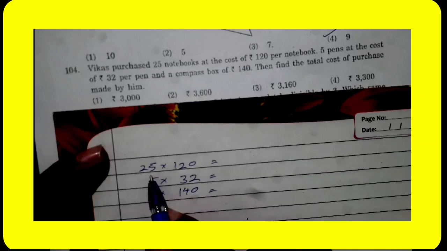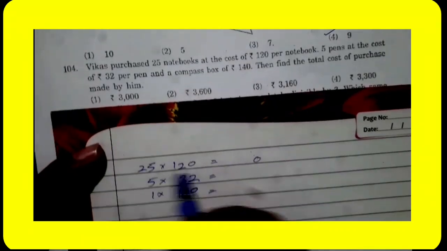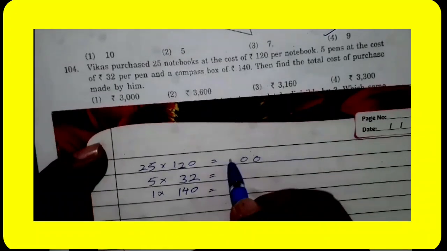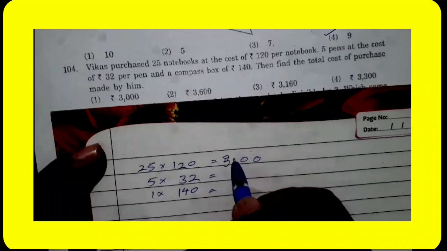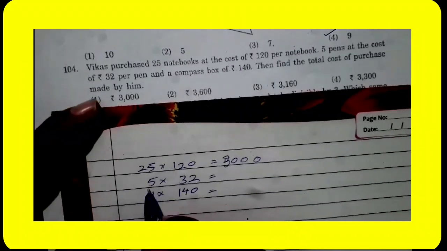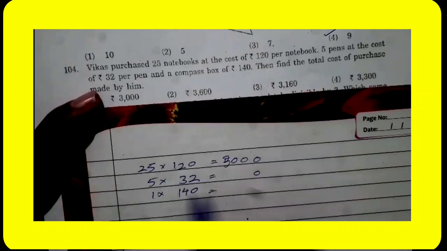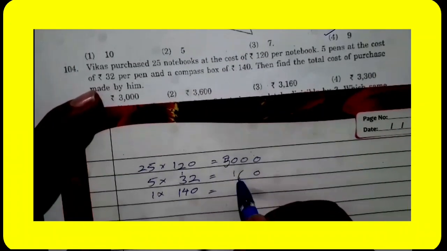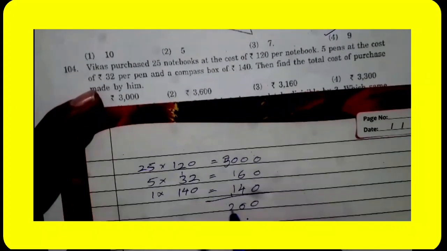25 notebooks cost is 120. 0, 25 times 2 is 50, 25 and 5, 30. 5 pens, 5 times 2 is 10, 5 times 3 is 15, 16. And a compass box rate is 140. 0, 10, 3, 3.